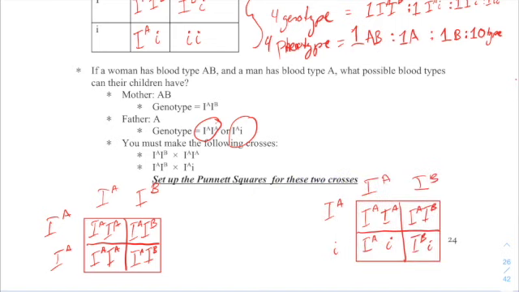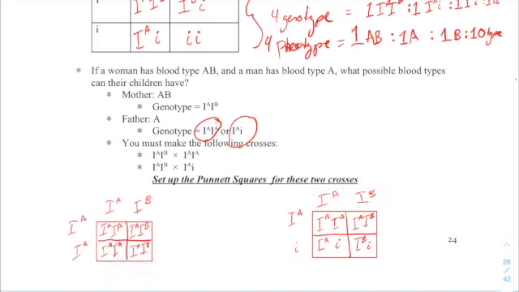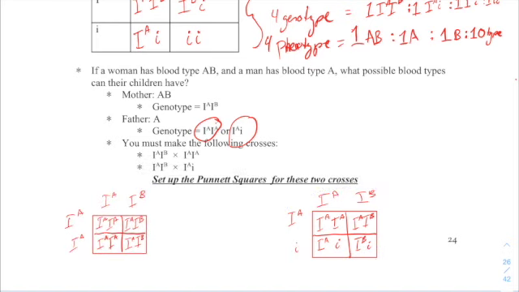If you were to ever study this family and you found that they had one child who had B-type blood, it would actually inform you that the father must be heterozygous for that I, because this is the only time that we see B-type blood appearing. So here we got 1 AB to 1 A type, a 1-to-1 ratio.